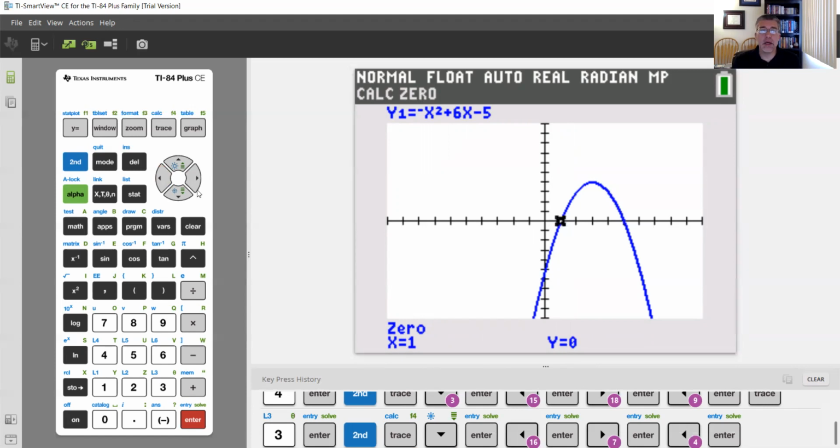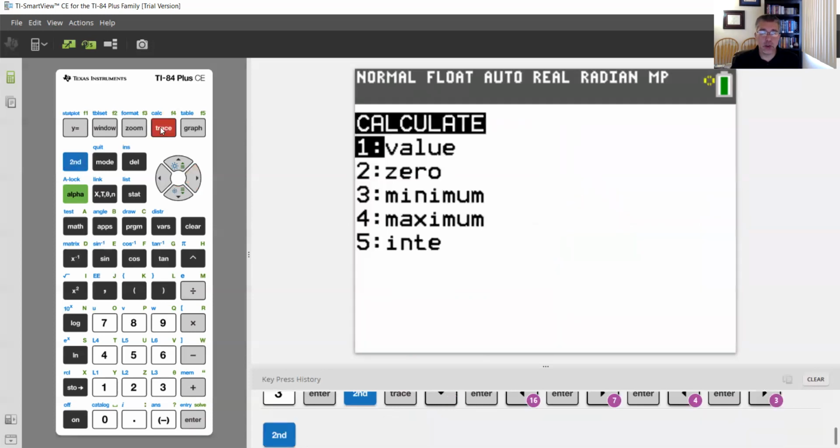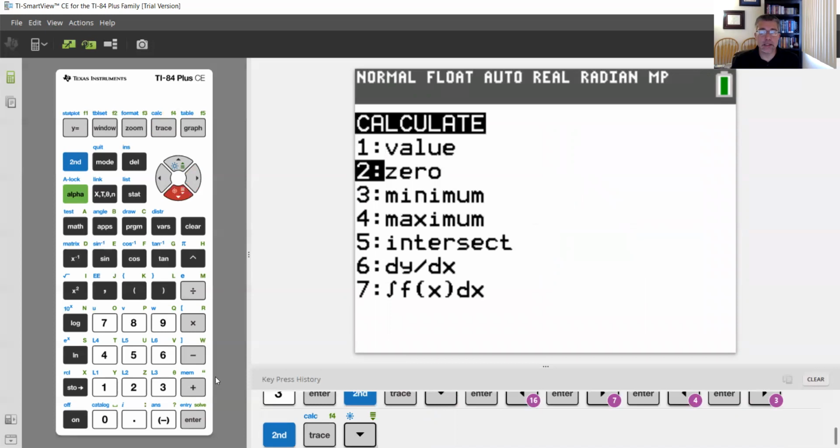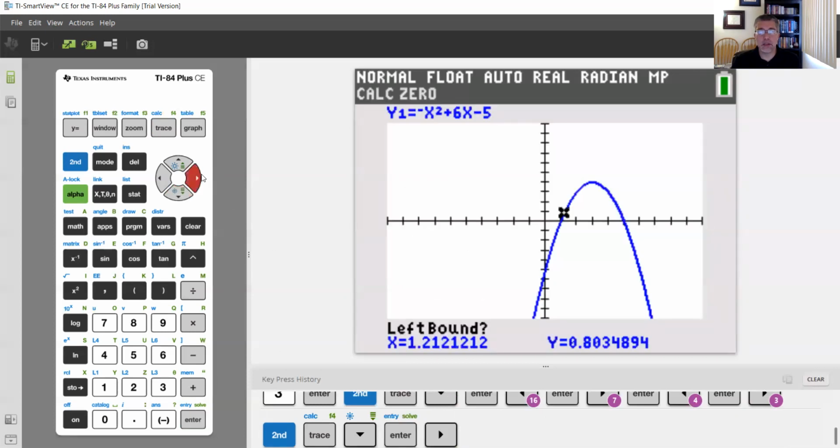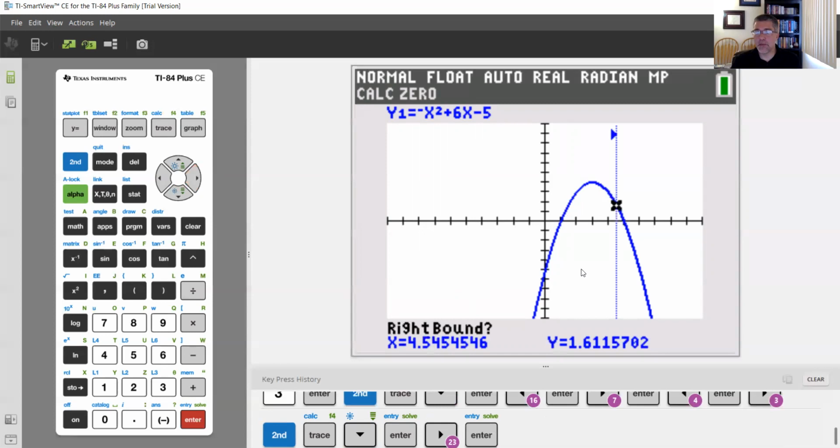Let's try to find the second x-intercept. We're going to hit second trace again to get our second 0. And so I'm going to arrow over to just left of the second 0. I'm going to hit enter there and get my interval that I want to use.